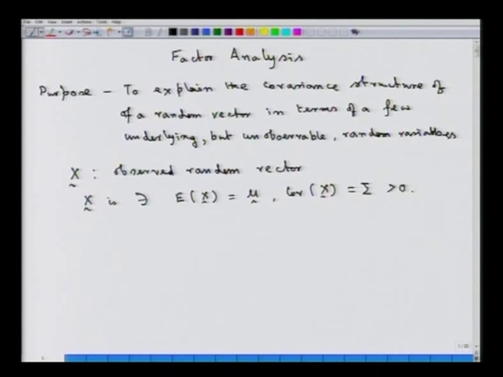There, from x we made an orthogonal transformation to another space, the space of principal components, and through an appropriate number of principal components we tried to capture the total variability in x through fewer linear combinations of x which were orthogonal among themselves.